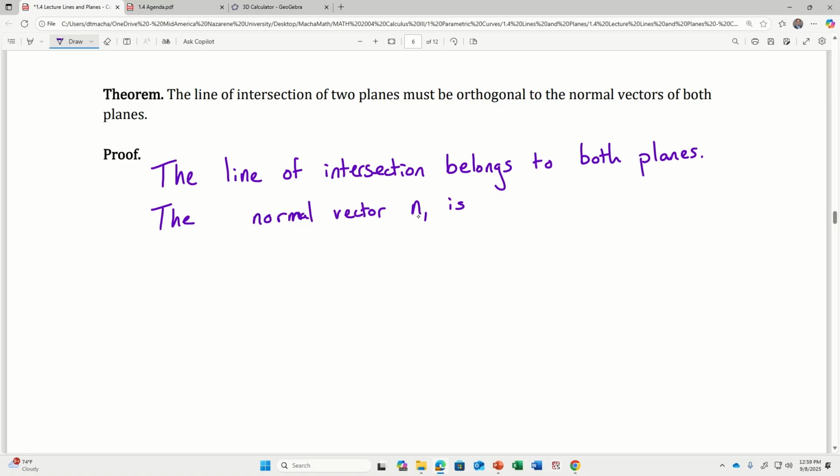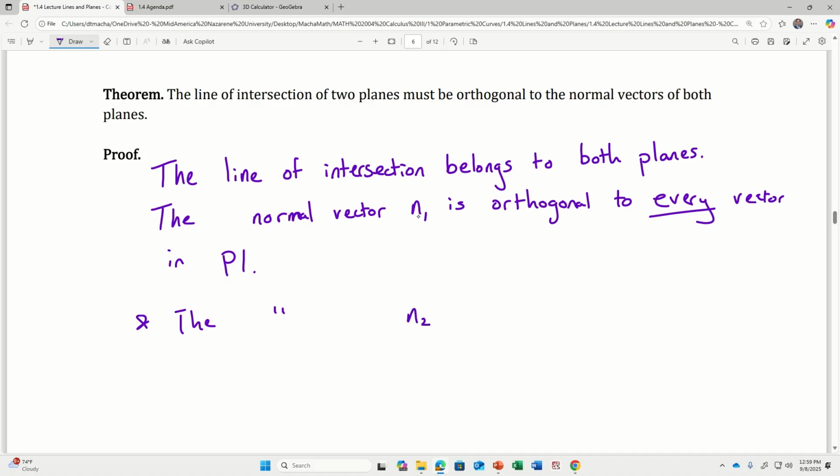The normal vector n1 is orthogonal to every vector in plane 1, and the normal vector n2 is orthogonal to every vector in plane 2. Right?